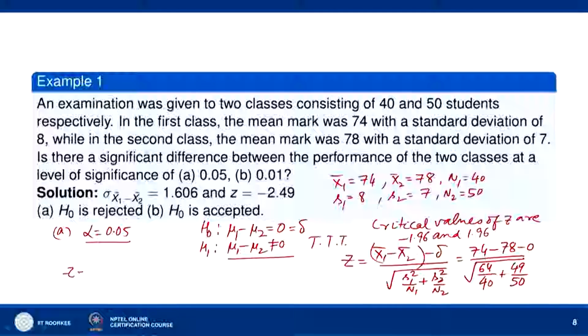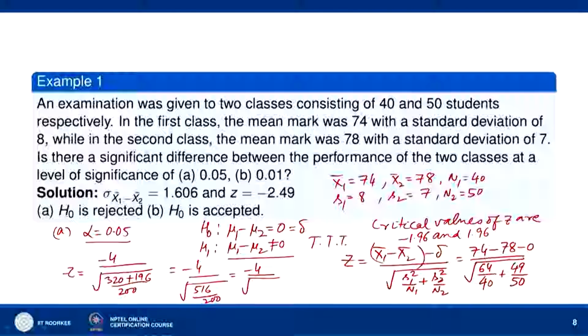So, Z is equal to 74 minus 78, that is minus 4, divided by the square root. Here the LCM is 200, so 200, and then we have 320 plus 196. So, this is minus 4 divided by the square root of 516 divided by 200.